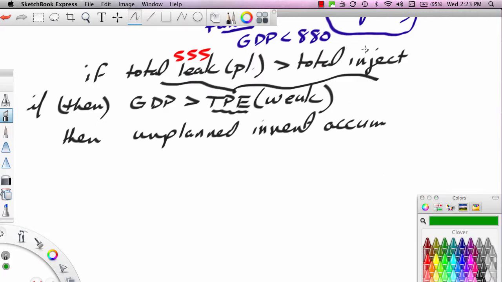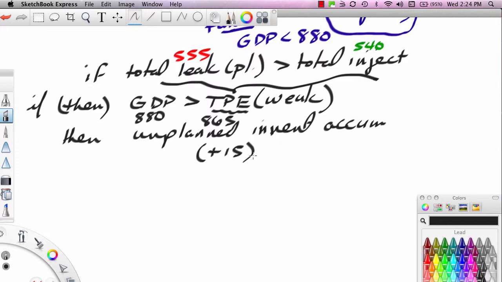Injections were 540. How weak was TPE compared to GDP? Well, remember what GDP was. GDP was 880. TPE was 865. This $15 difference between 555 and 540 is the same $15 difference between 880 and 865, resulting in an unplanned inventory accumulation of $15.